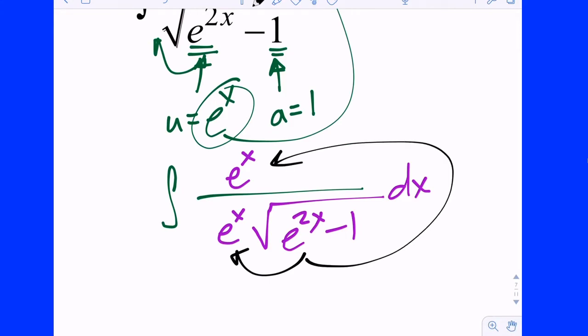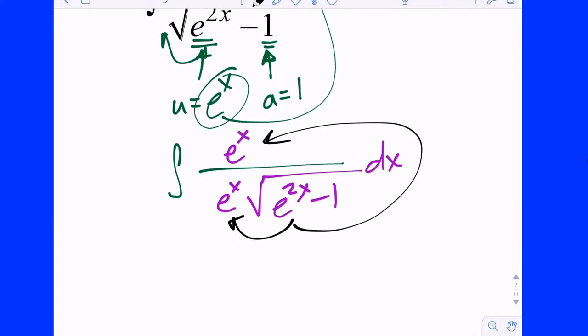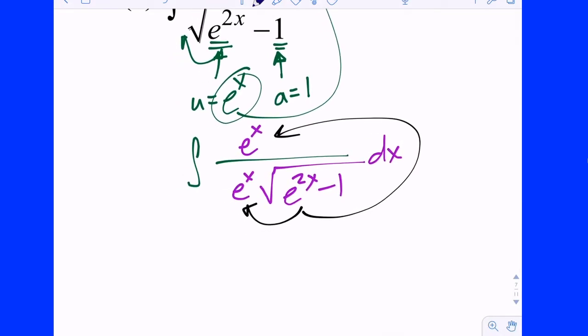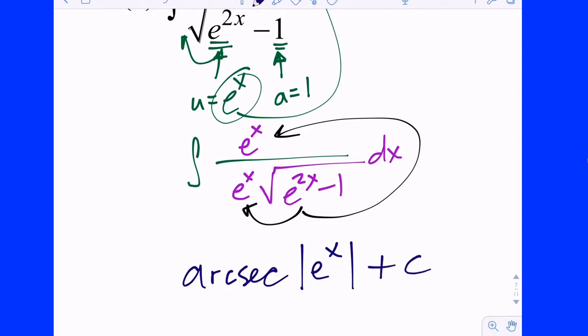E to the x, which is now in the numerator. Yay! So now it does fit the arc secant pattern. There's no correction. We go straight to the rule, which is what? Do we have a 1 over a in front? Yeah, but it's just 1, so 1 over 1. It's just arc secant of the absolute value of u over a, but a is 1, so it's just that.